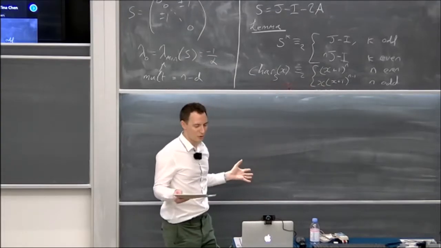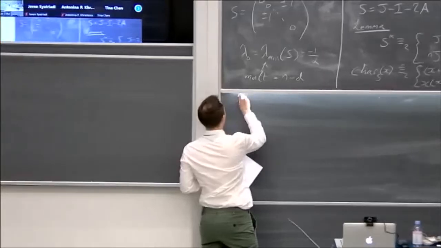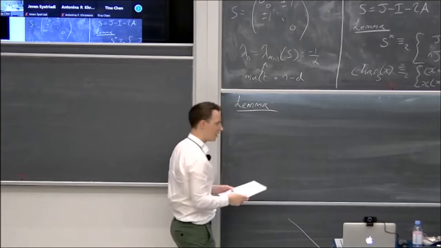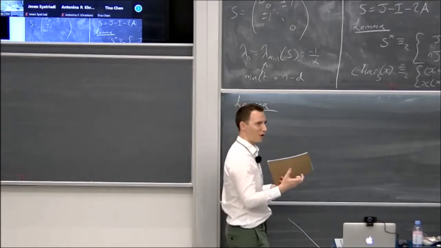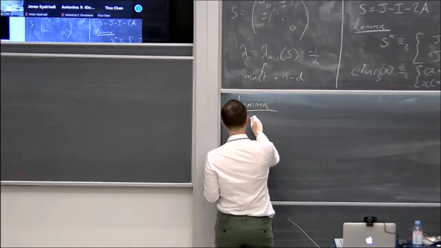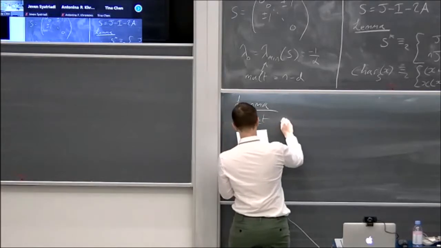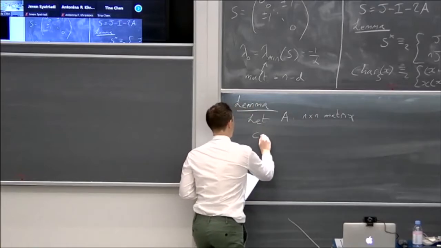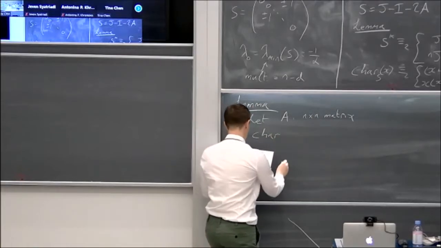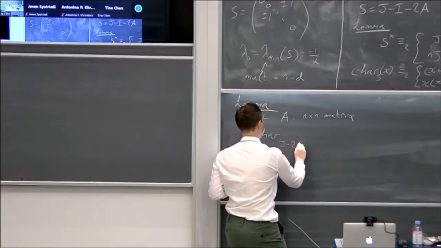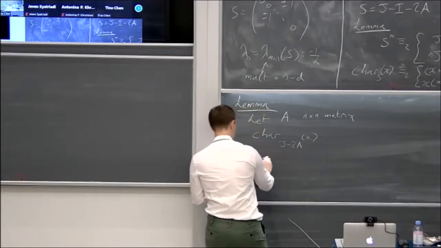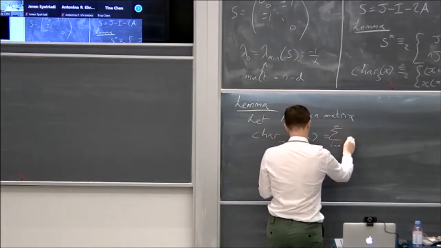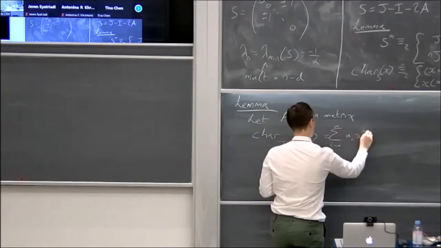Okay, so that's just modulo 2, but we can go further. I'm going to state a useful lemma for us. This is like a characteristic polynomial shifting lemma. We'll start off by letting A be any n by n matrix, and I'm going to write down two characteristic polynomials. First of all, the characteristic polynomial of J minus 2A, and we'll write that as the sum over i from 0 to n of a_i x^(n-i), using a_i for its coefficients.